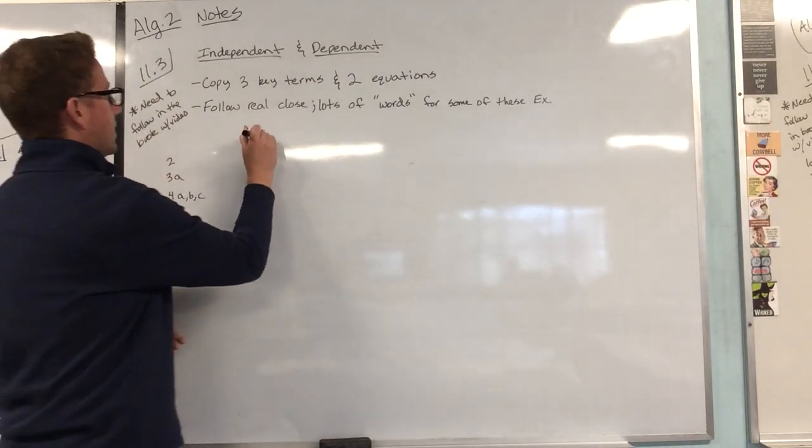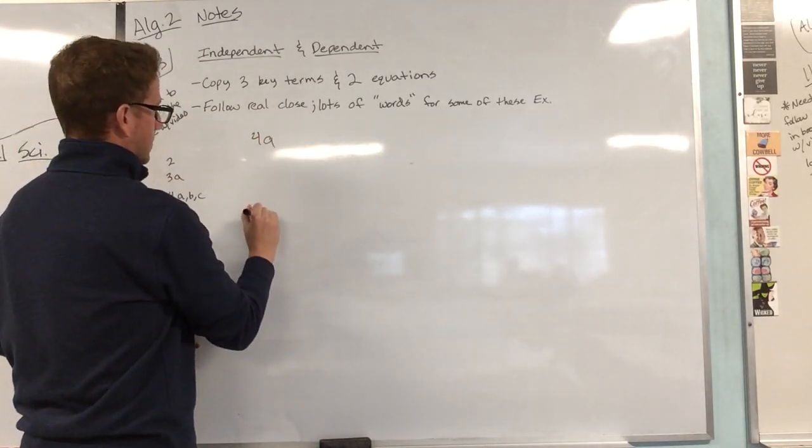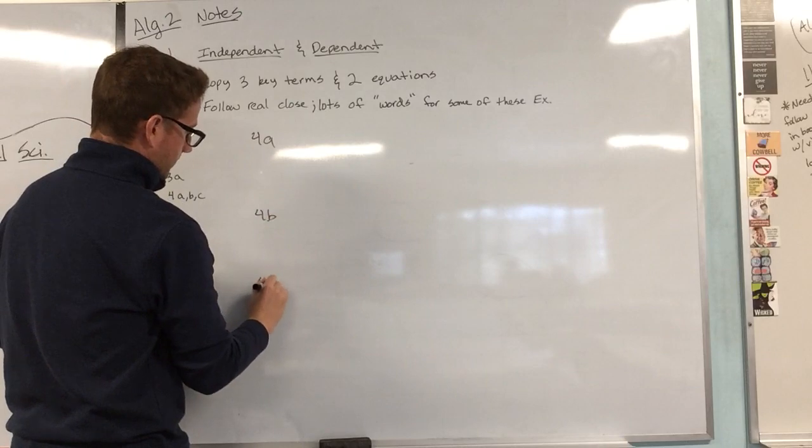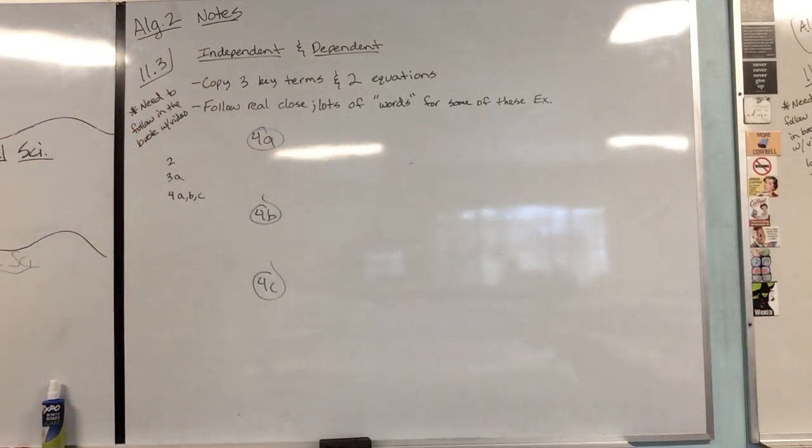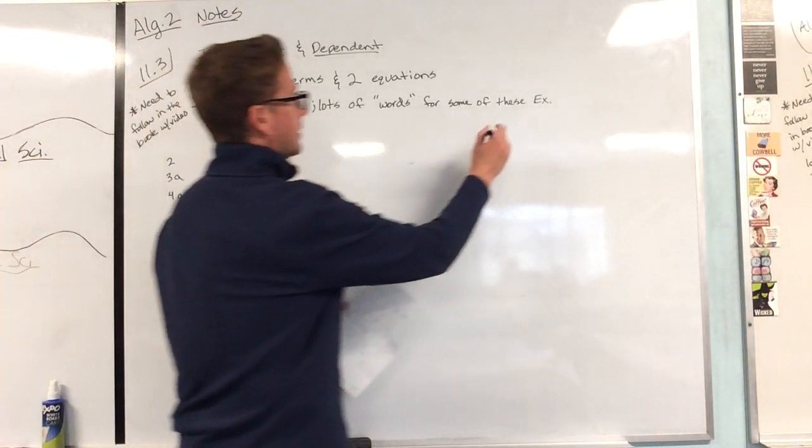All right, 4A and B and C. Okay. So go ahead and turn the page with me. We are now looking at 814. Okay, we have a bag with a total. Put our info off here.